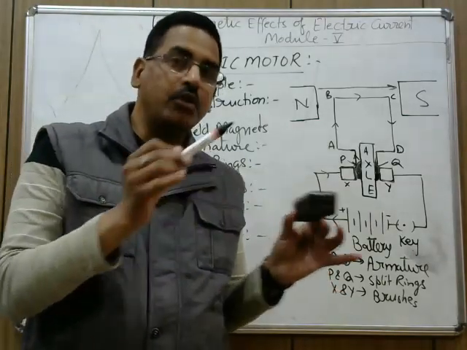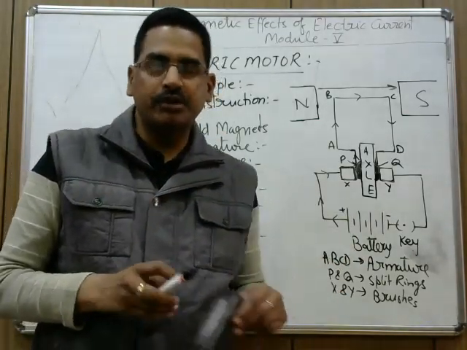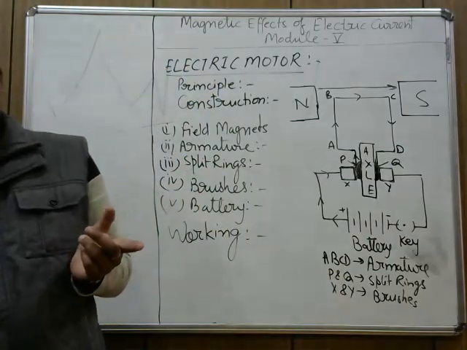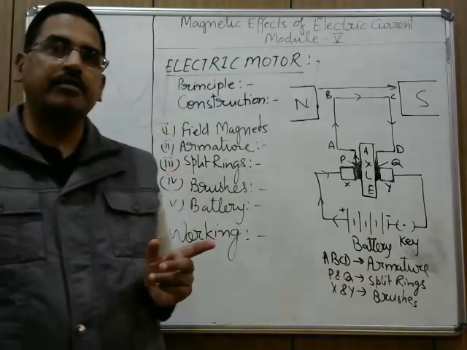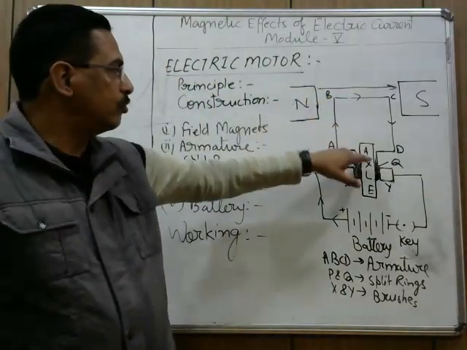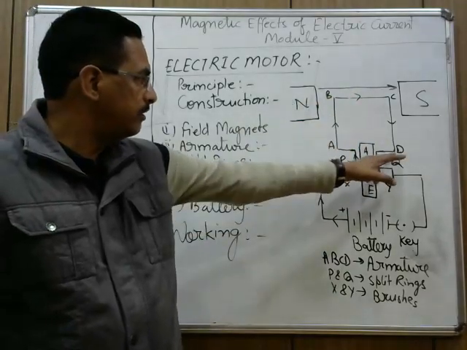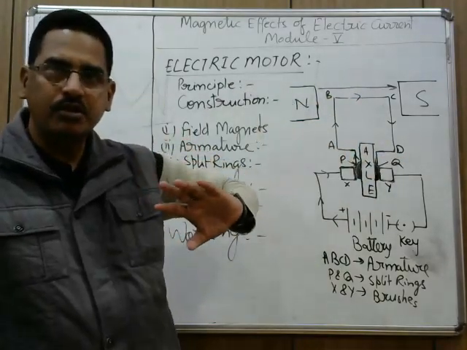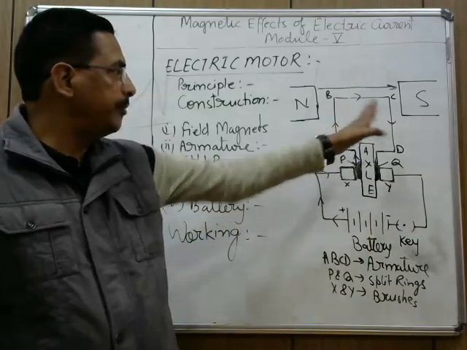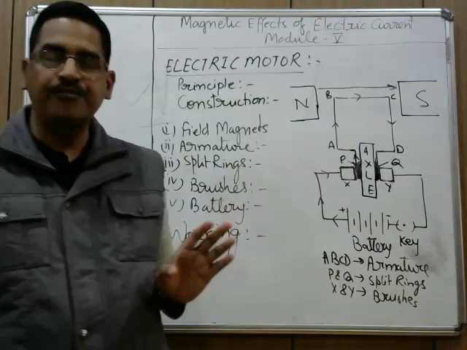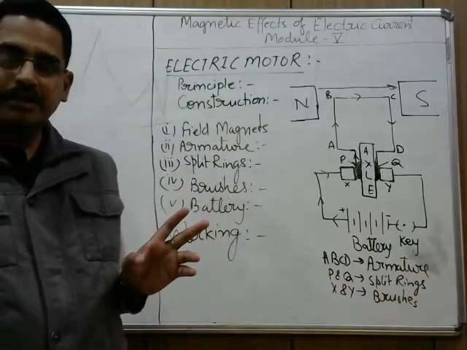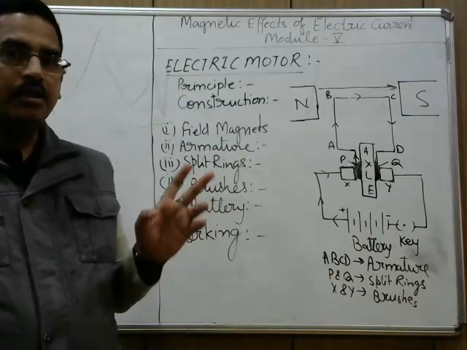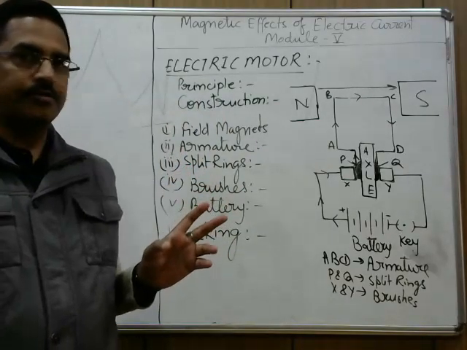So this is about the magnitude of force, but what about the direction? Since the force on BC and AD is 0, force is applicable on AB and CD only. Now we need to understand the direction of force on these two arms.